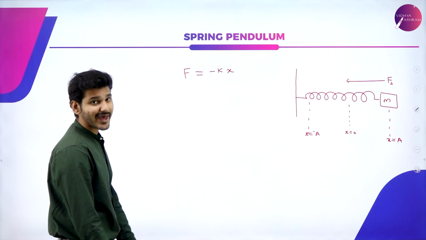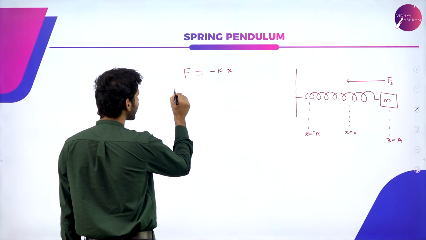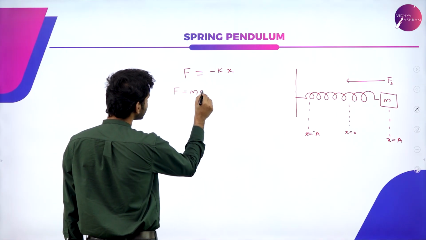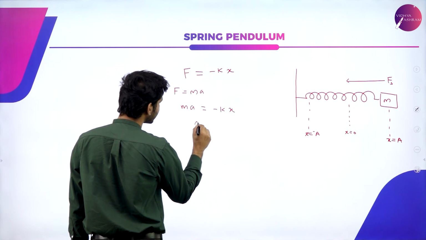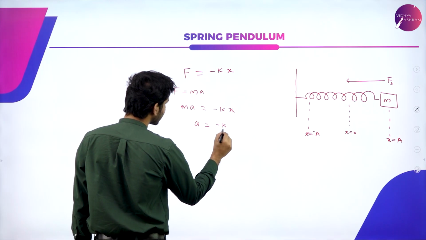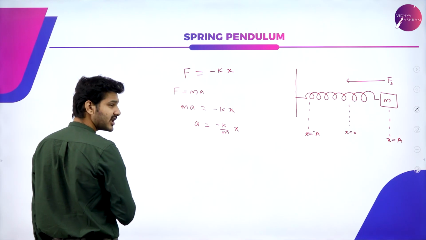But we already know that F is equal to ma. So ma is equal to negative kx, or simply a is equal to negative k by m into x. But we already know that k by m is omega square.